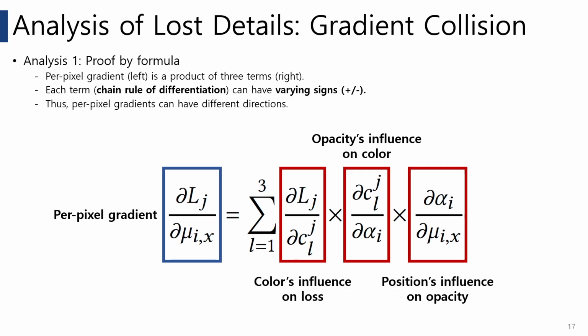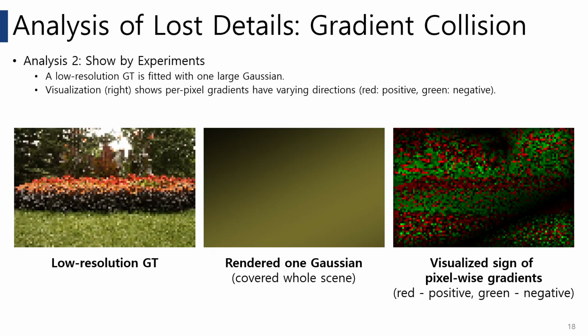Crucially, the paper demonstrates that each of these terms can be either positive or negative. This variability in signs means the overall per-pixel gradient can have different directions for different pixels, which is the root of the collision.